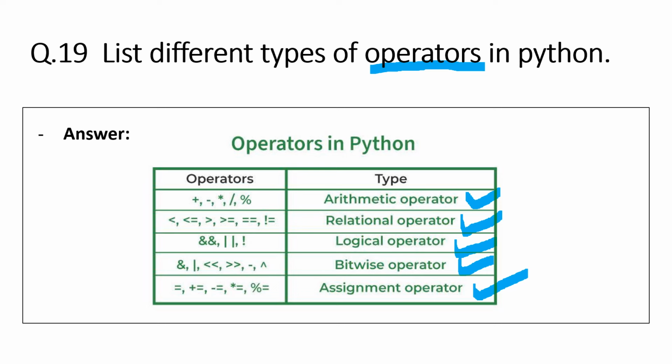For these operations we use assignment operators. So these are the different types of operators in Python.